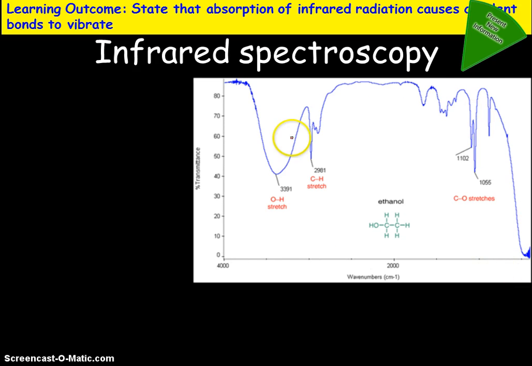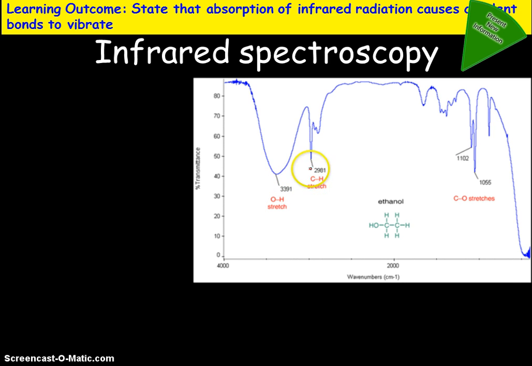So as an example of an infrared spectra, we get a pattern that looks like this, and we get peaks that correspond to specific bond vibrations that then allow us to determine some of the key features of the structural group for a molecule. So for ethanol, for example, we can see there's the OH bond, and that's really the biggest characteristic vibration for an alcohol, at about 3,391 in this case.